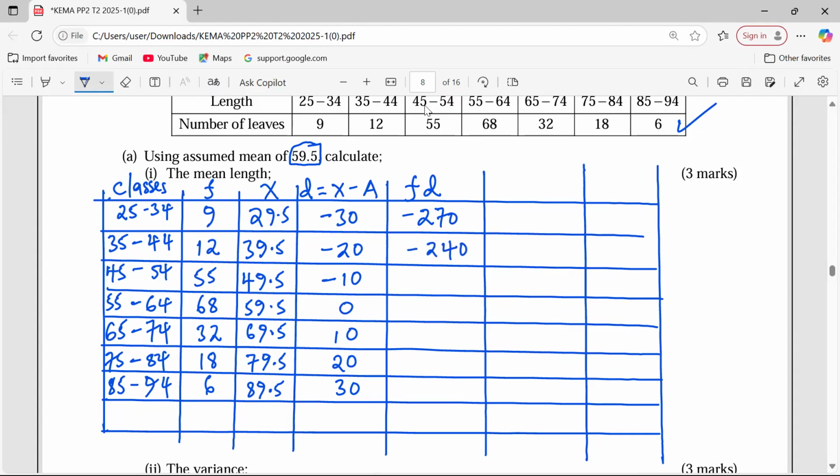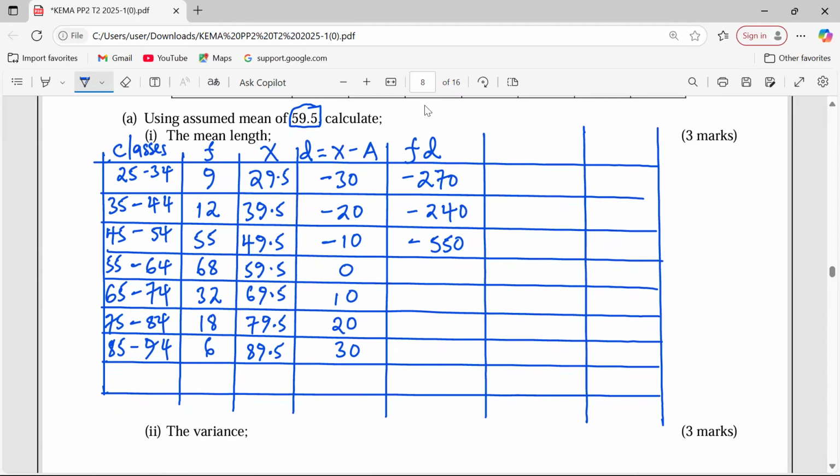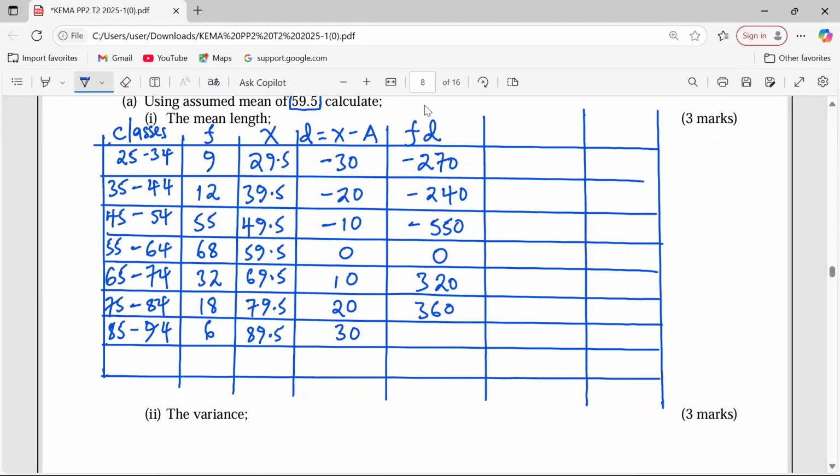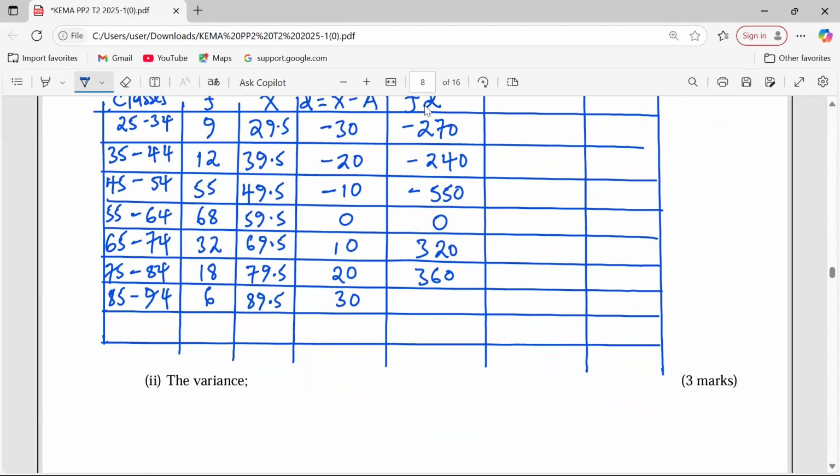Then 55 and negative 10 gives us negative 550. The next is 0 times, automatically becoming 0. 10 times 32 is 320. 20 times 18 gives us 360. Finally, 30 by 6, which is 180.